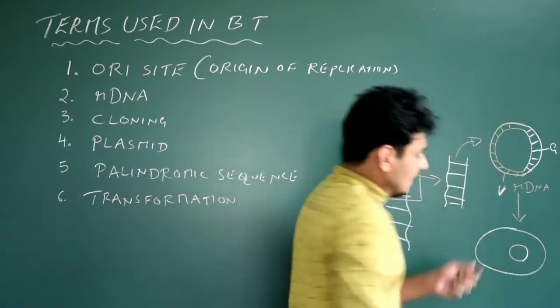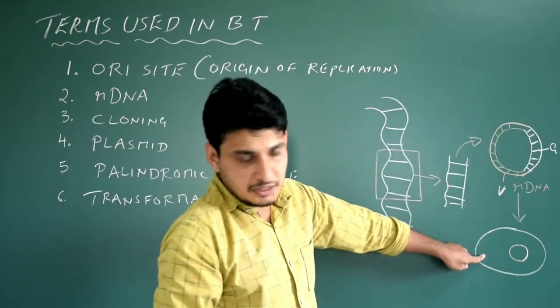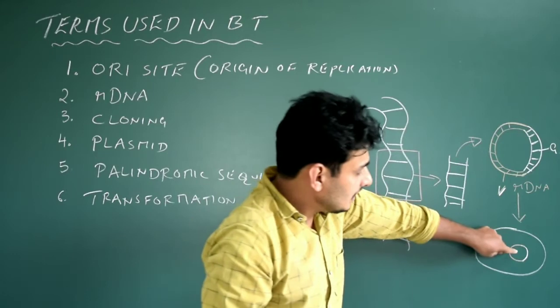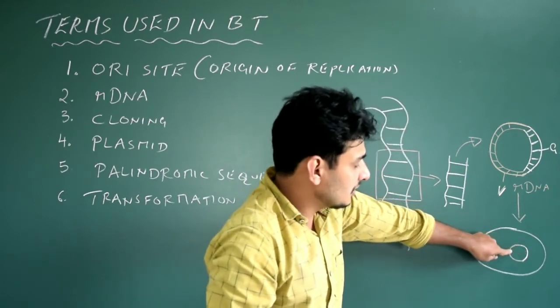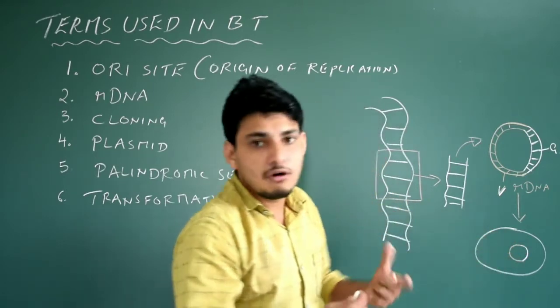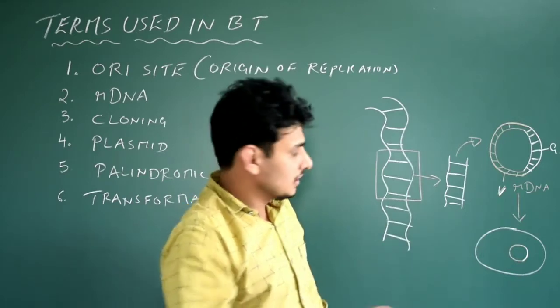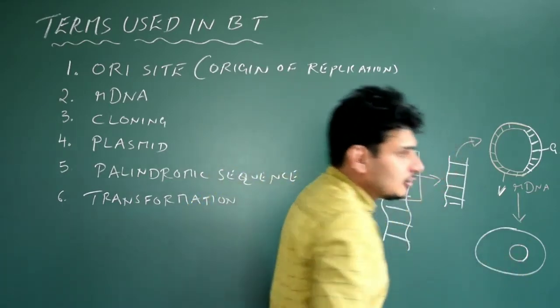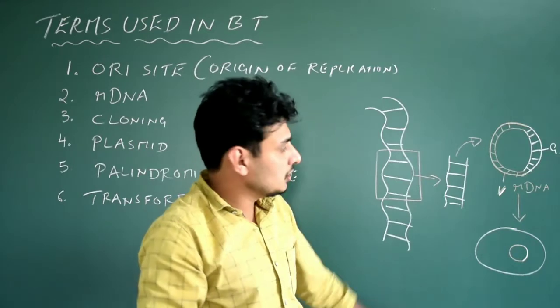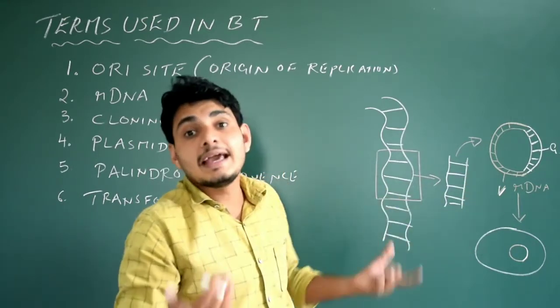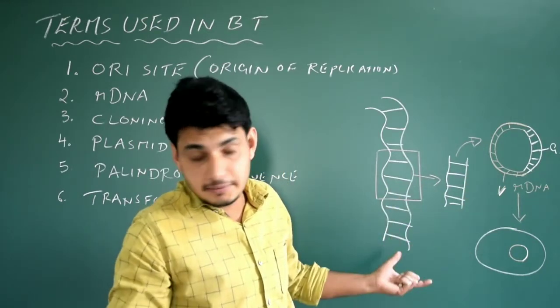The thing is, inside this is now the host organism, correct? The host organism containing a foreign DNA as well as a vector DNA. Both the DNAs are now foreign for this particular E. coli. The thing is, this particular vector has its own character. It can replicate anytime, anywhere. It's independent.